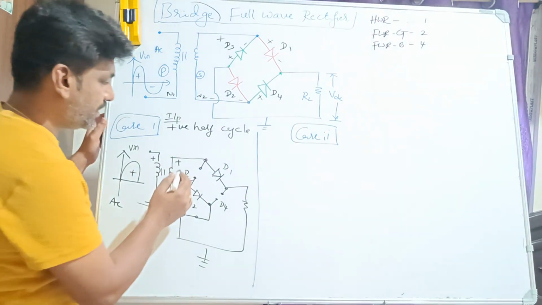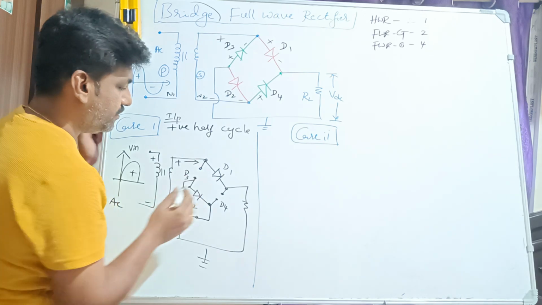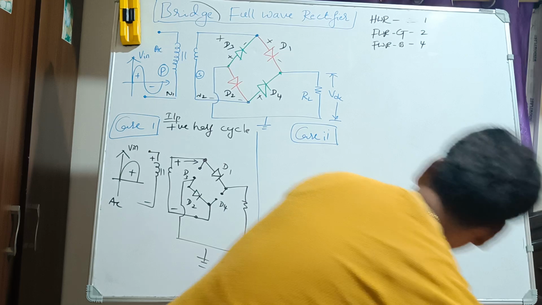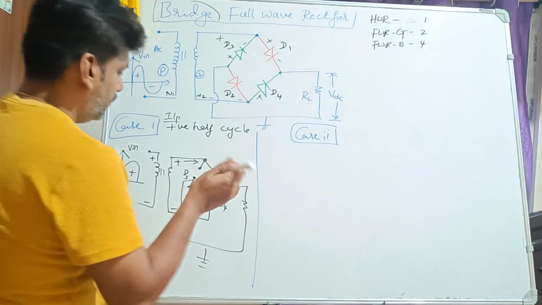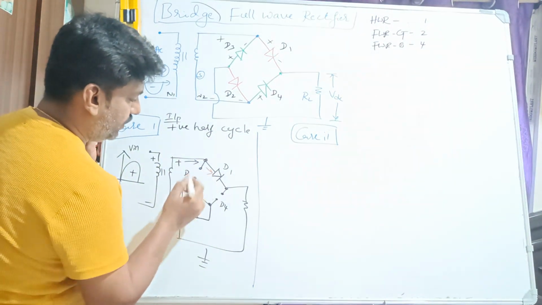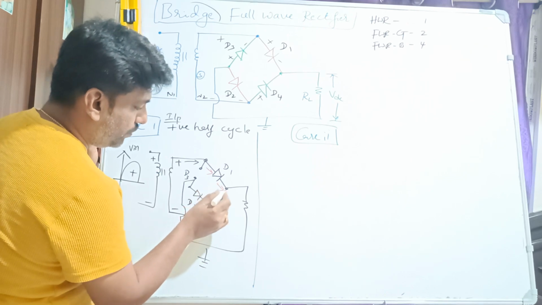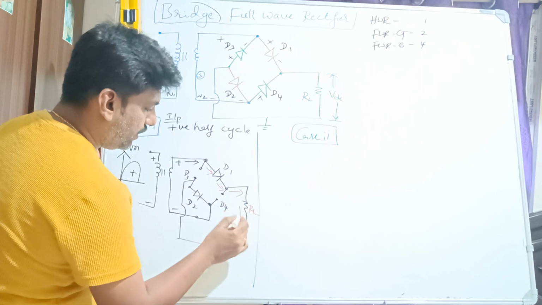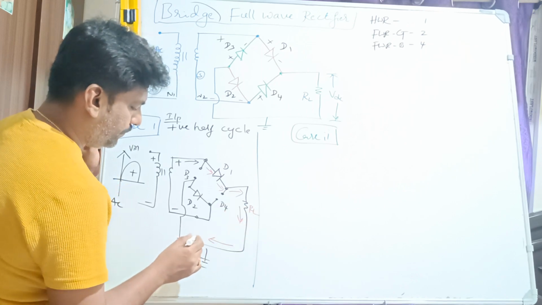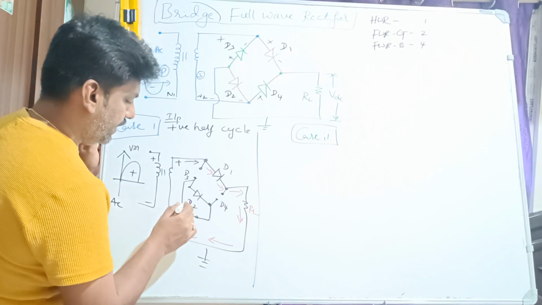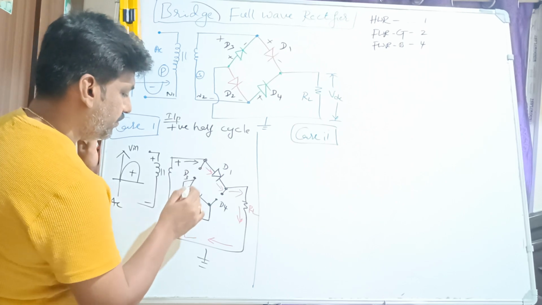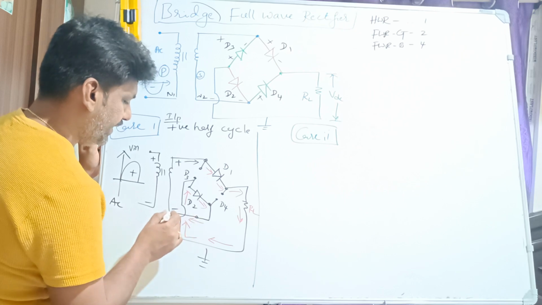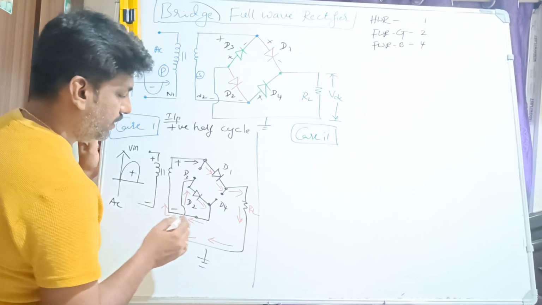Now how does the current flow? It starts from the positive end, goes through diode D1, and since the other path is open it goes through RL. It comes here, goes up, and reaches the negative point through diode D2, right?